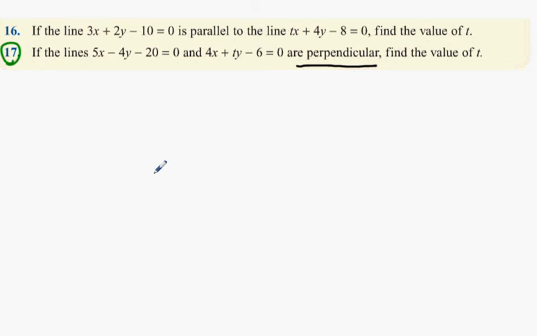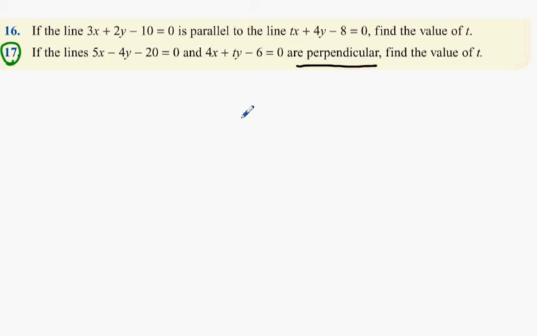If I said 2 over 3 is one slope, what's the perpendicular slope? Minus 3 over 2. So, if we know they're perpendicular, we know that one of them is the upside down negative version of the other one. So look at this, this is actually really easy once you know that.